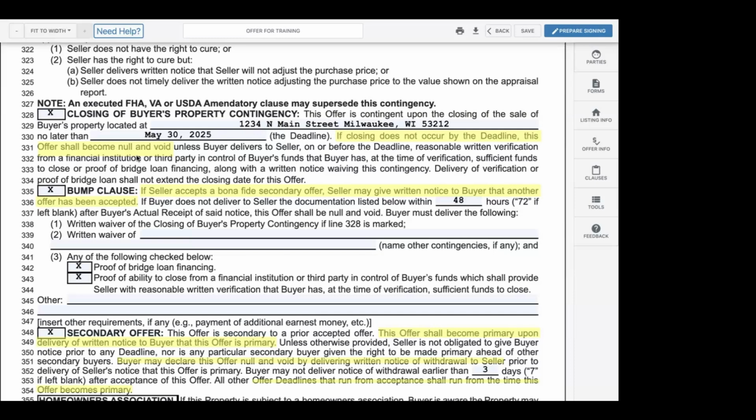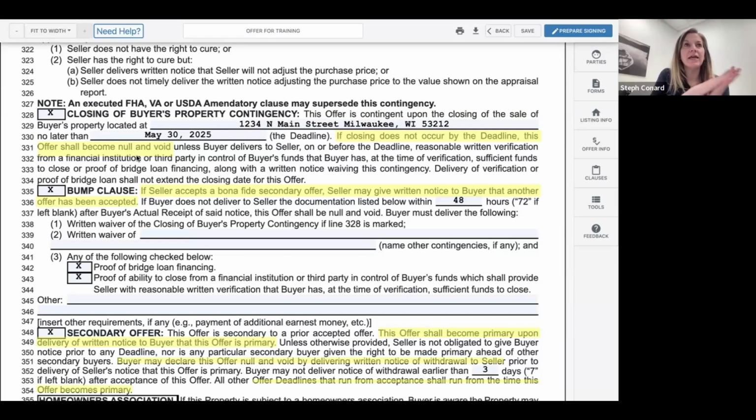A bridge loan is a product that lenders can use, which essentially allows the lender to take the equity from the buyer's current home and bridge the gap between the sale of that primary residence and the mortgage that they are about to take on.